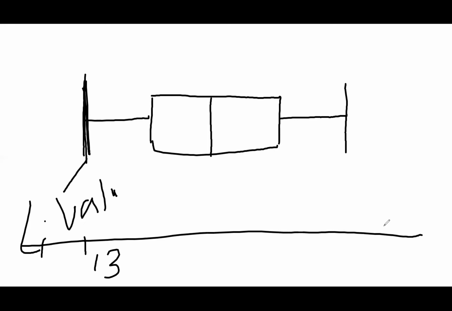This line will start from the lower value. And as you may see, this will be the largest, that is the upper value. I'm sorry, I'm writing on the screen, so this is not very good. And the next thing here, where will the box start?